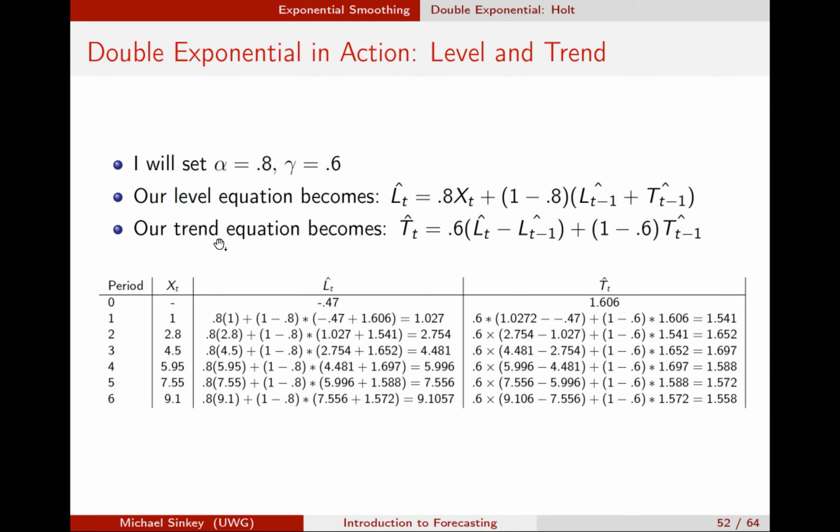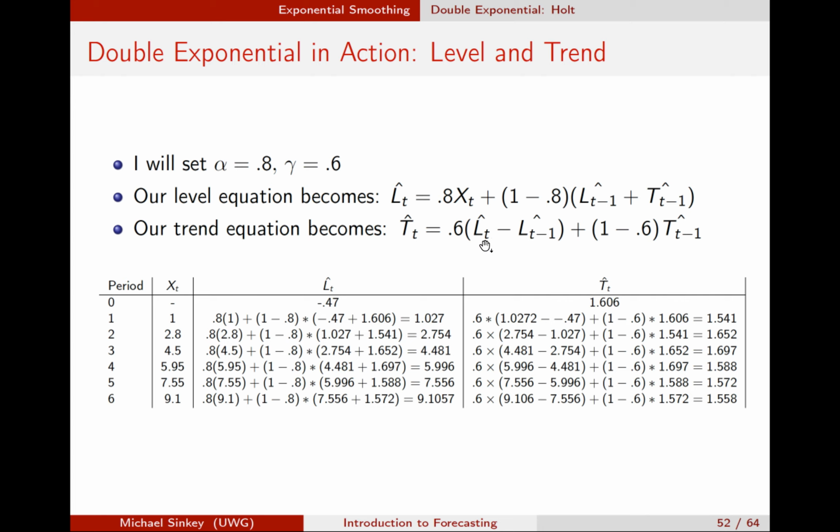Now when I go to period 2, I use the period 2 data for the level. And I have the previous level, which was L1, 1.027, plus the previous trend, which is T1, 1.541. And I get a new level of 2.754. That immediately goes into the trend equation. So I have 0.6, which is my smoothing parameter.